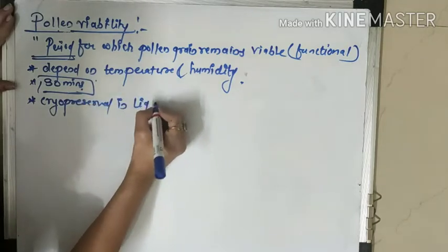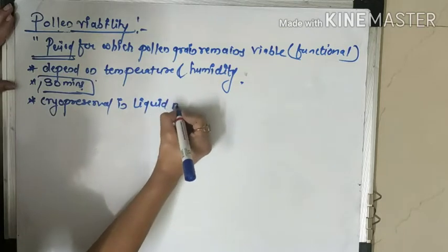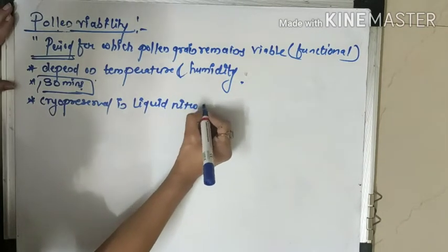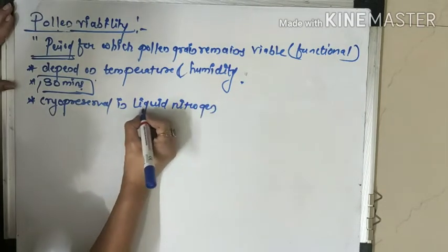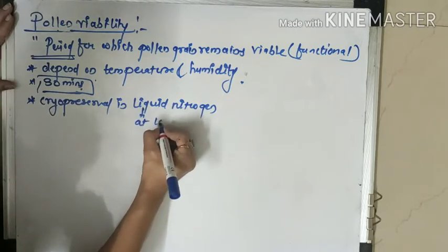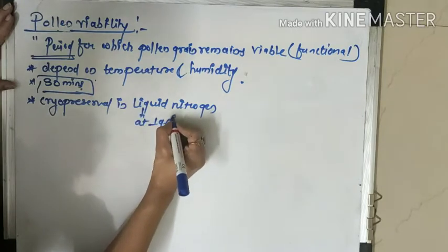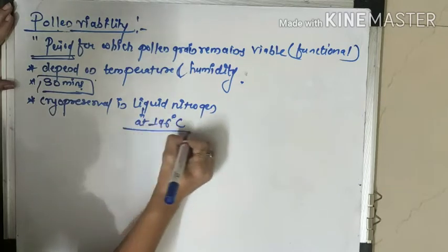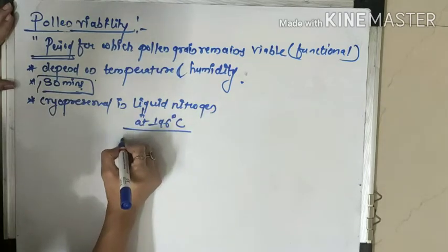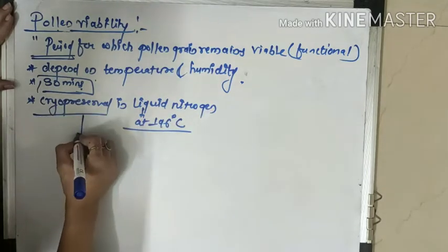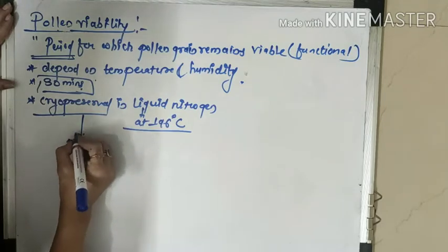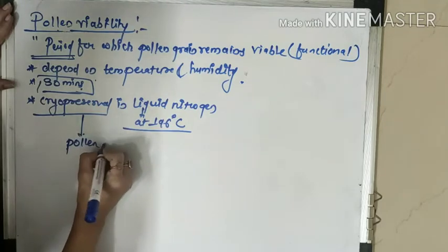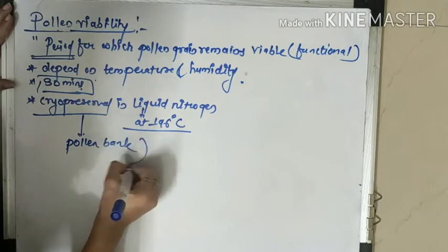That solution is called liquid nitrogen, at the temperature of minus 196 degrees centigrade, and if it is cryopreserved, then it is used as a pollen bank.